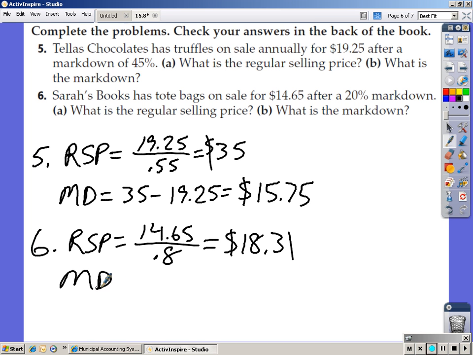My markdown is $18.31 minus $14.65. Plug that in the calculator. You should get $3.66 for your markdown. Okay?